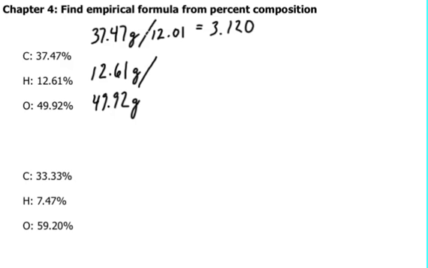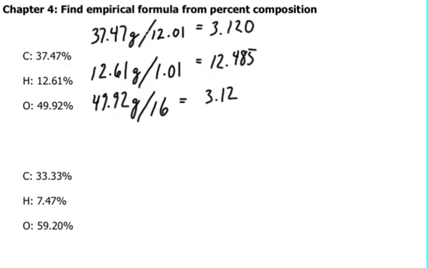For hydrogen, the molar mass is 1.01. So 12.61 divided by 1.01 gets you 12.485. And then for oxygen, you're dividing by 16. 49.92 divided by 16 gets you 3.12.